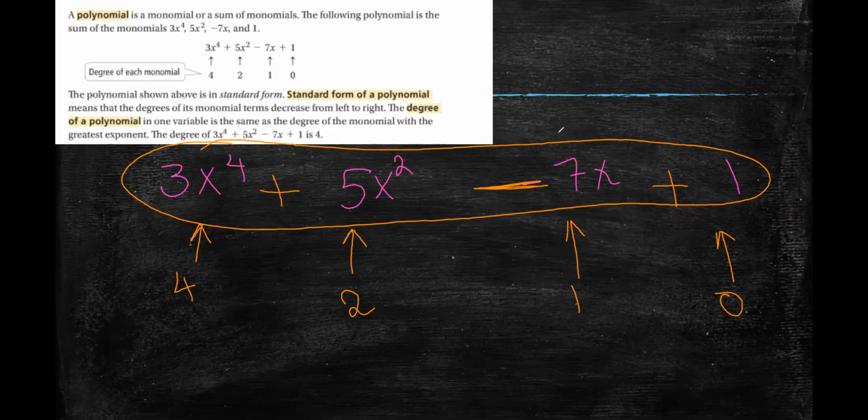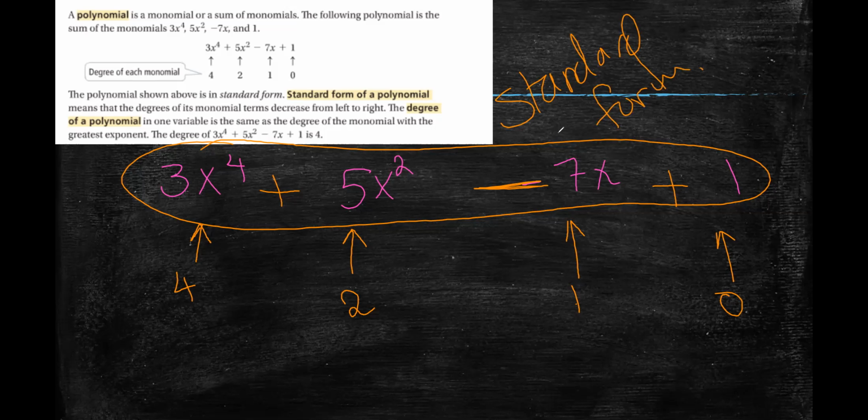Okay? We say that more than one monomial, if you're adding or subtracting them, we call it a polynomial. If you bring this polynomial and you order it from the highest to the lowest degree, after you order it from the highest to lowest, you wrote it in the standard form.